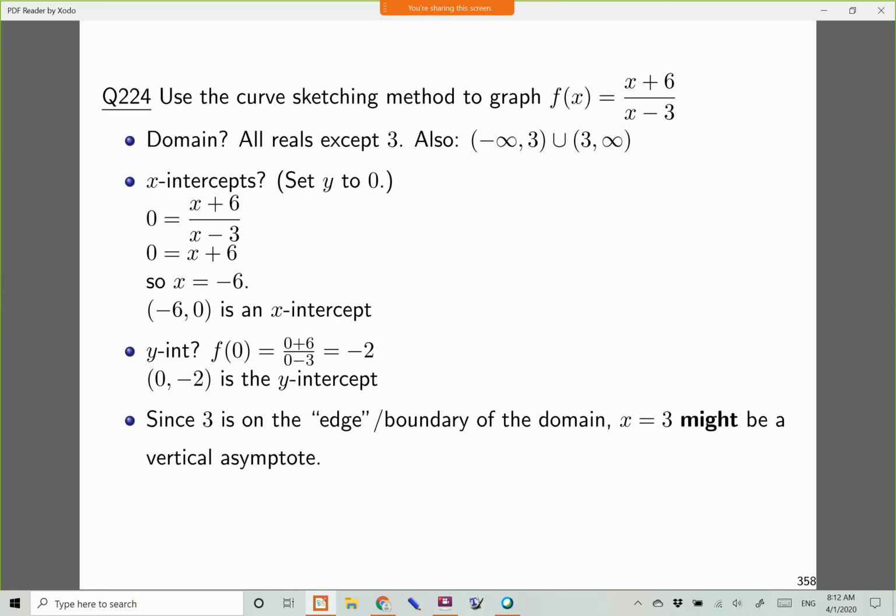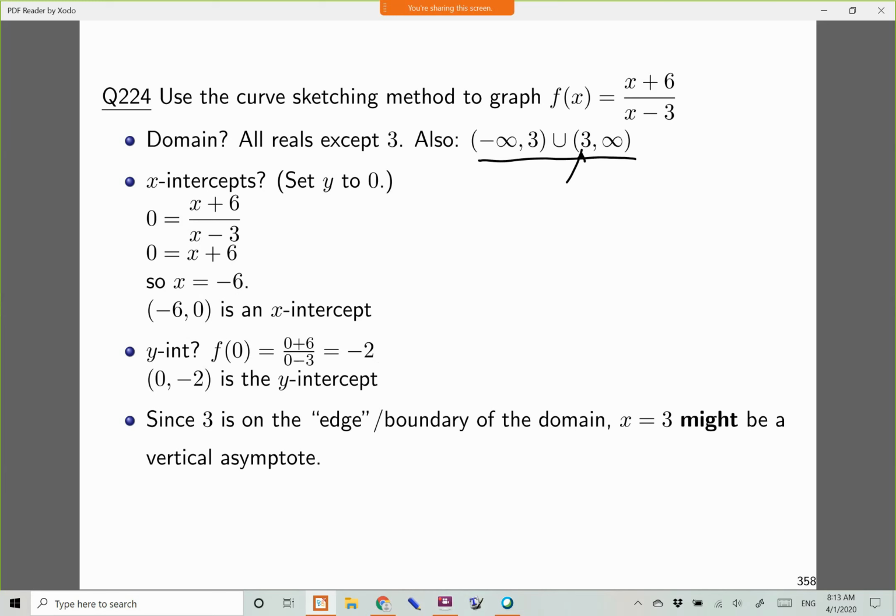Since 3 is on the edge or boundary of the domain, take a look at how the domain is written here. 3 didn't make it. 3 was just right on the cliff, almost in the domain. What we should do then is test to see if 3 might be a vertical asymptote or not. 3 might be, 3 might not be.